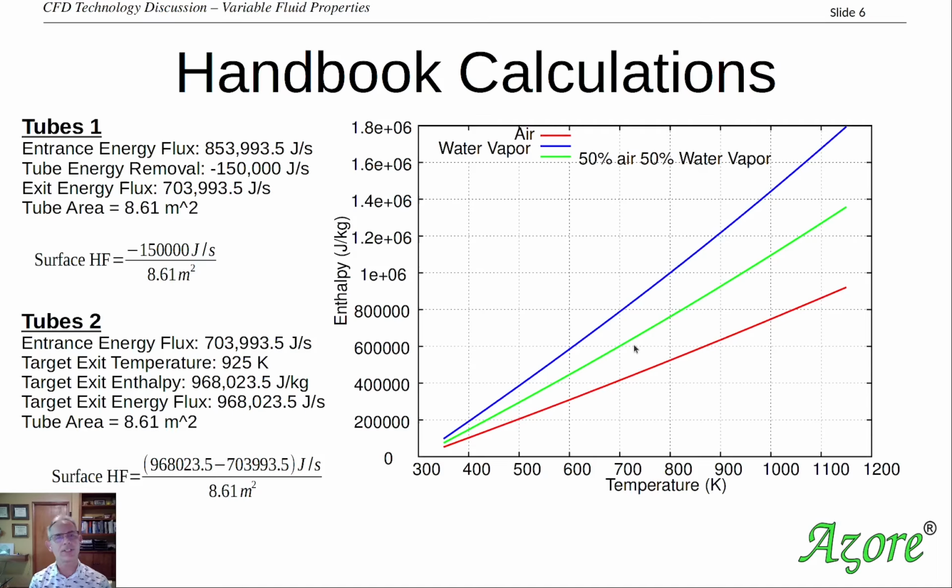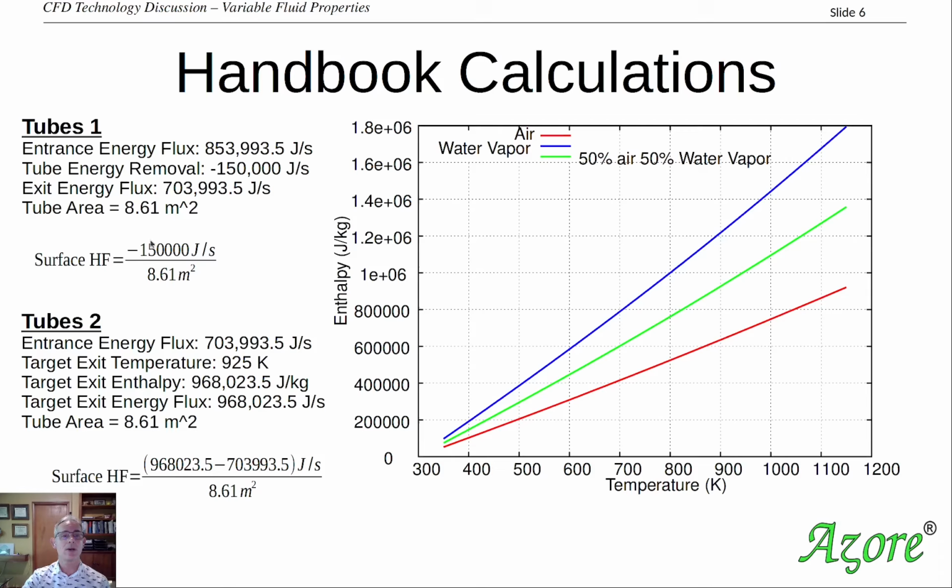For our second tube bundle, it's a little bit trickier because we have been told that we have a target temperature that we want to have coming out of the second tube bank. How can we come up with a boundary condition to put on those tubes to represent that very precisely? We can do that simply by looking at the enthalpy levels that we would expect.